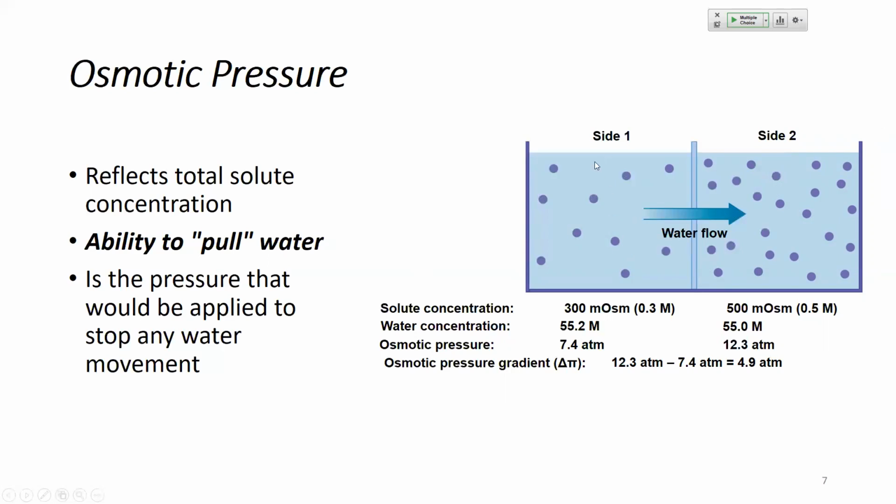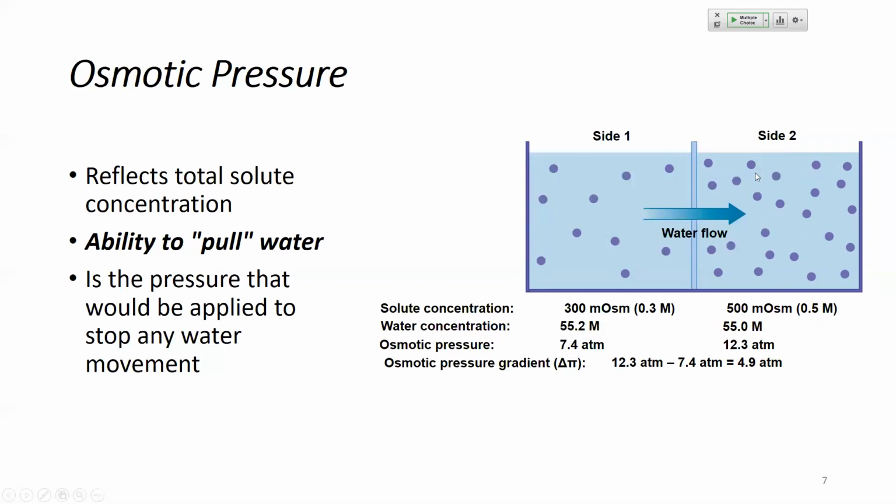So eventually, water is going to be pulled from side 1 over to side 2. If we look at the osmotic pressures here, sometimes it's represented in atmospheres, sometimes in millimeters of mercury. Here it's represented in atmospheres. You can see that on side 1, there are fewer solutes, hence a smaller osmotic pressure, 7.4.